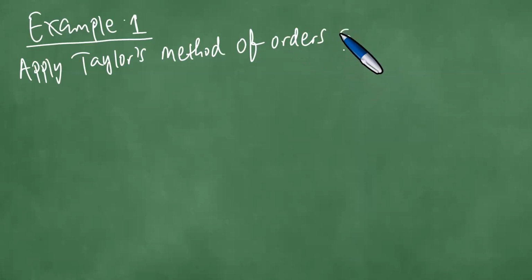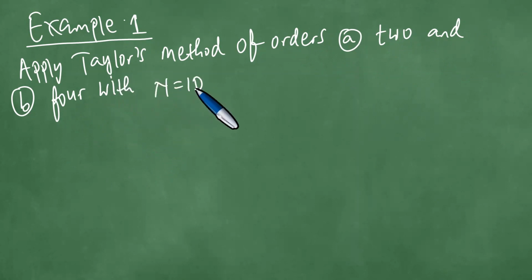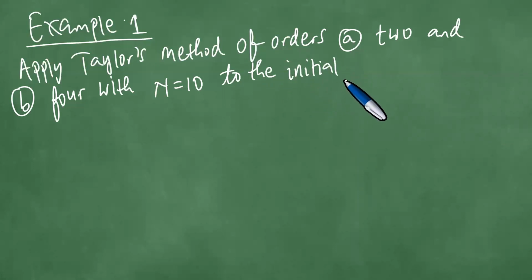Apply Taylor's method of orders 2 and 4 with n equals 10 to the initial value problem.